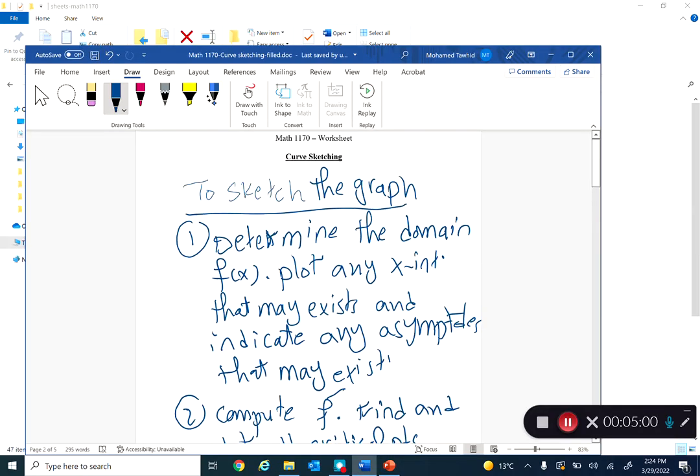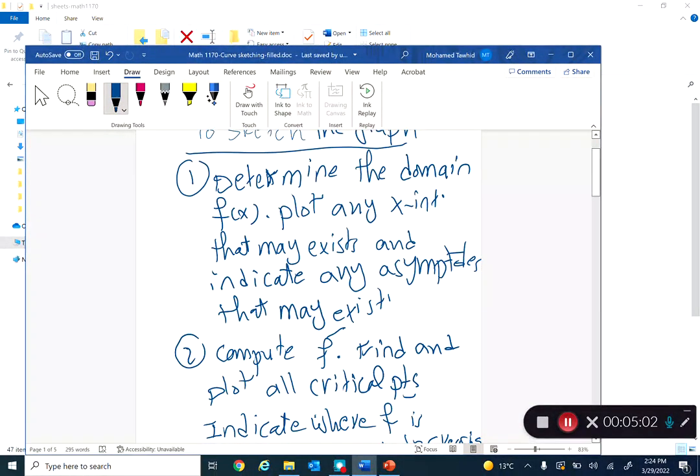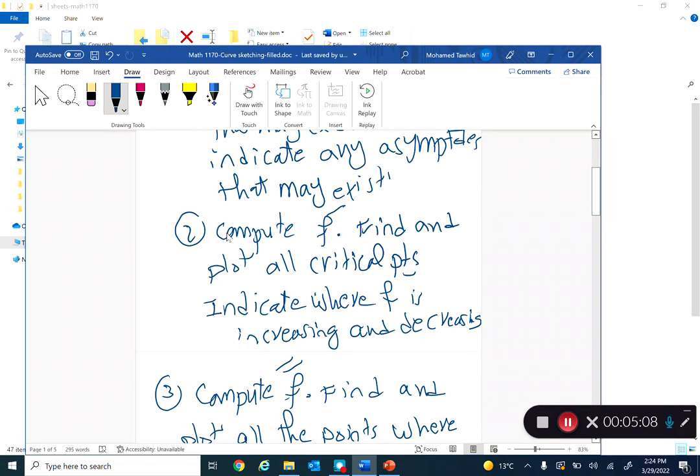So step number 1 again, we try to find the domain, x-intercept if possible, y-intercept. Do we have an asymptote? Then we compute the first derivative to find all critical points, and if you have a minimum or maximum. Then we plot these critical points and find the interval where f is increasing and decreasing.